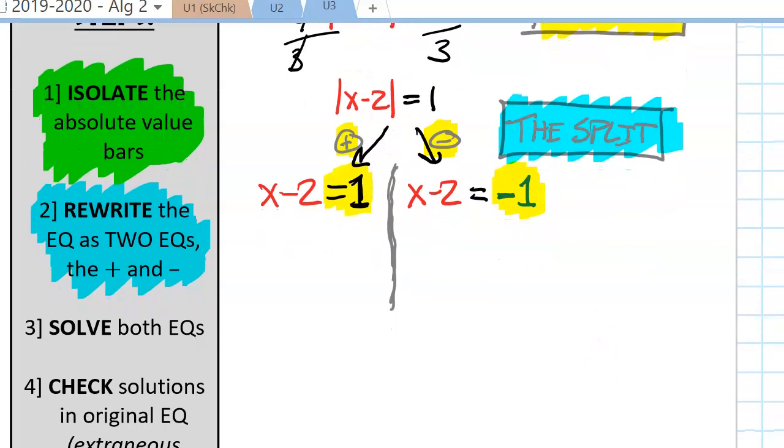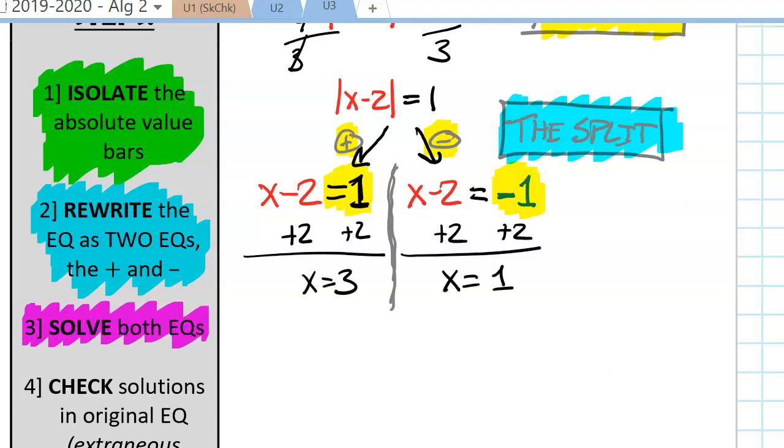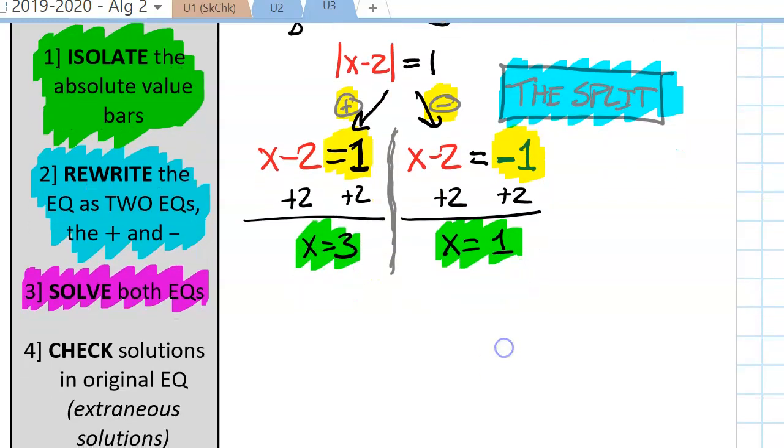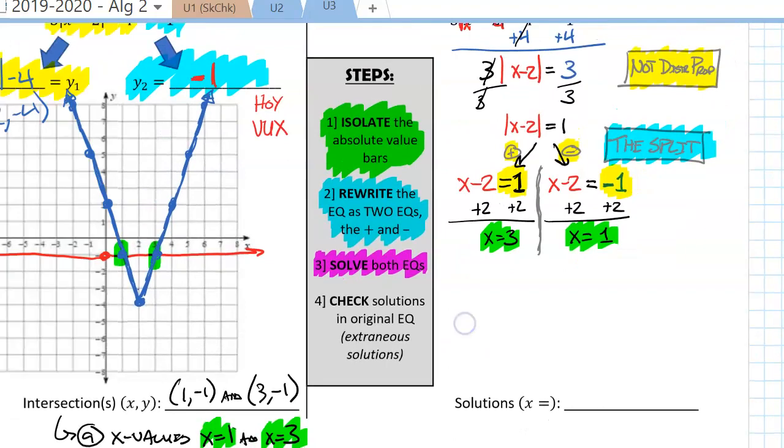All we're going to do now is solve both of our equations for x. In this case, we're going to add 2 to both sides on the left and add 2 to both sides on the right. And we get an answer of x is equal to 3 and x is equal to 1. Now, those answers should actually look familiar.